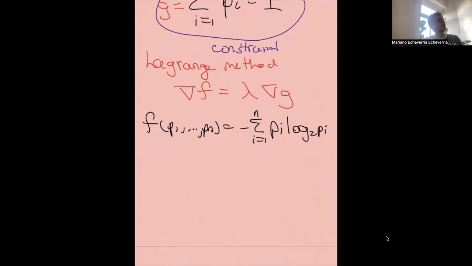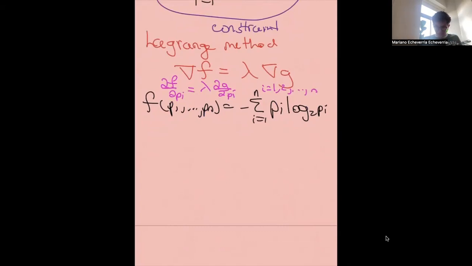So the gradients being equal just means that the partial derivative of f with respect to pi has to be lambda times the partial derivative of G with respect to pi, where i equals 1, 2, 3 up to n. So what's the partial derivative of f with respect to pi in this case?